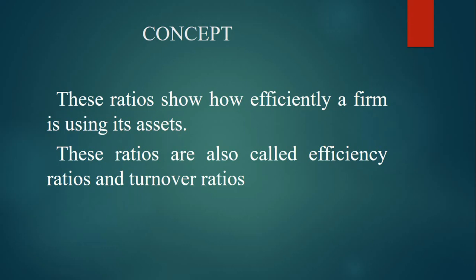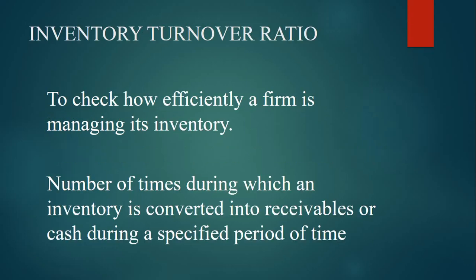So first we will explain the concept of activity ratios. These ratios show how efficiently a firm is utilizing its assets, and they are also called the efficiency ratios and the turnover ratios.